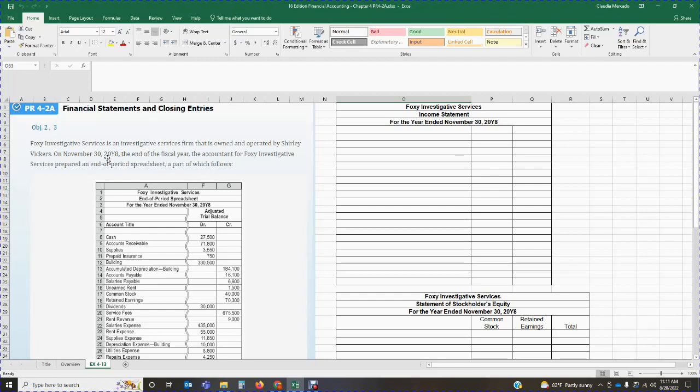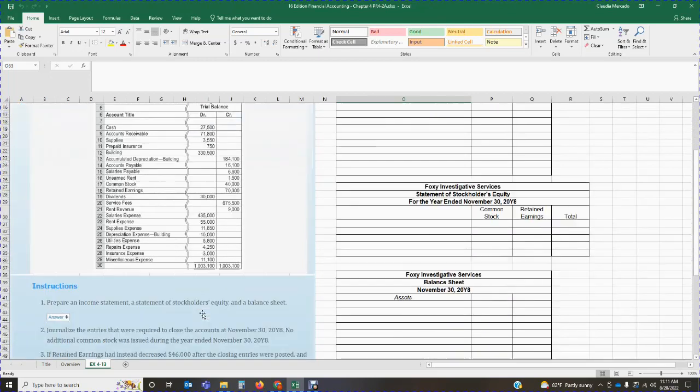So November 30th is the end of their fiscal year. The accountant for Foxy Investigative Services prepared an end of period spreadsheet shown below. So they're providing you with the adjusted trial balance. These are your balances after adjustments.